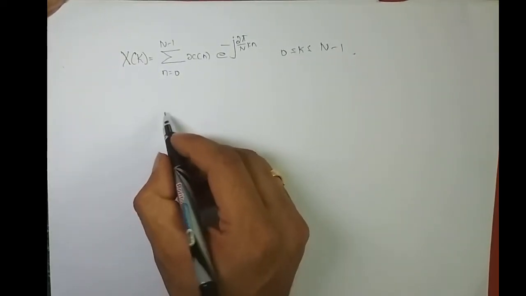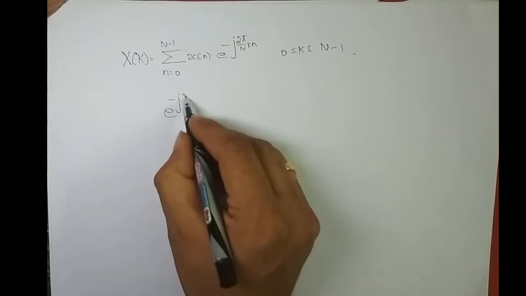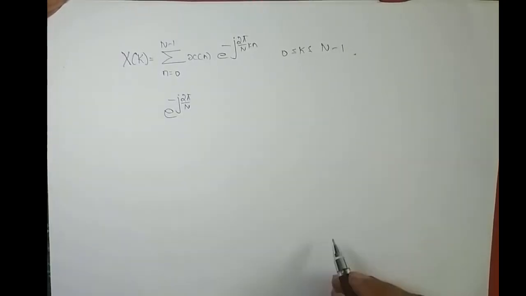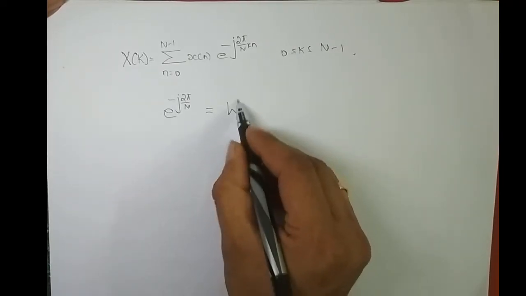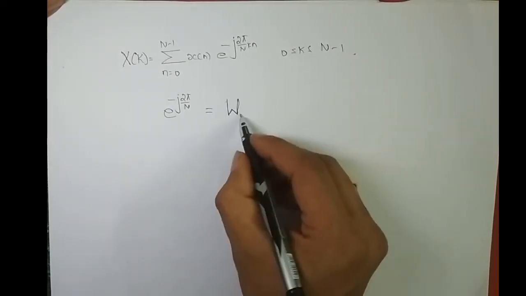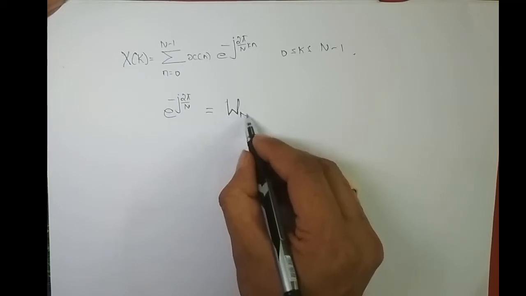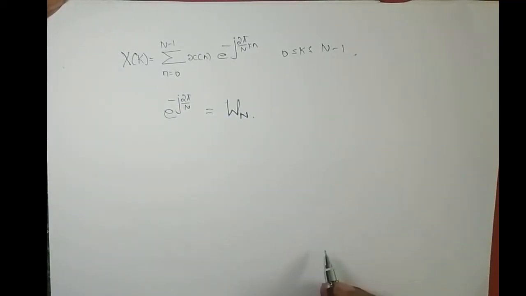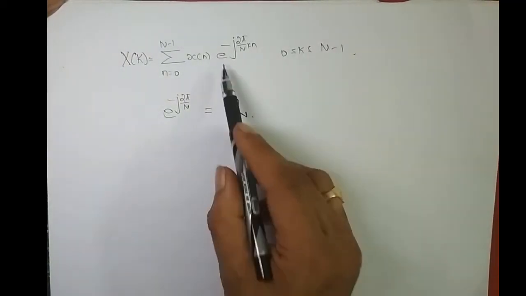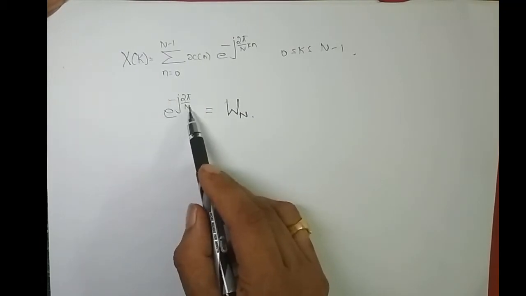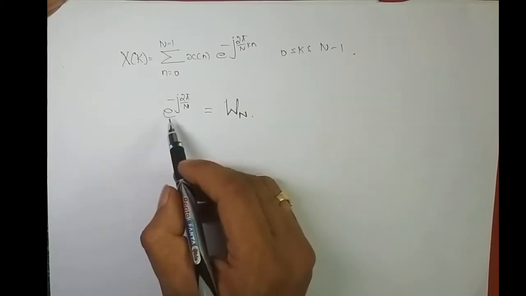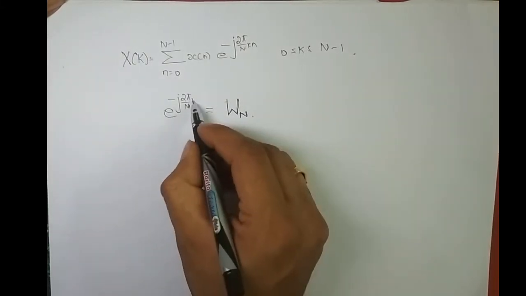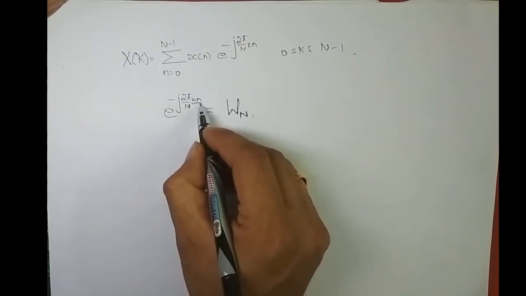Now, instead of writing e power minus j 2 pi by n each and every time, in short we can write it as capital W n. But what is e power minus j 2 pi by n into kn?